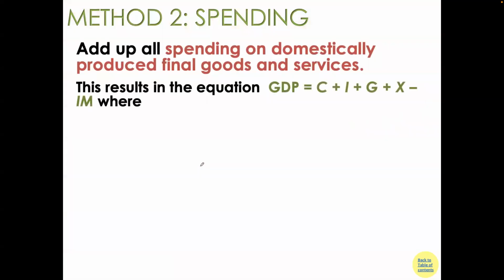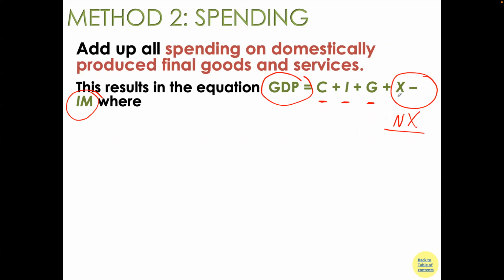In terms of spending, we have another equation. You're going to see this equation many times, even in more advanced classes. What does this equation say? It says there are 4 categories of spending, because GDP, one way to look at it, is total spending. This includes C, I, G, and usually we put the last two together as NX, which is net export.